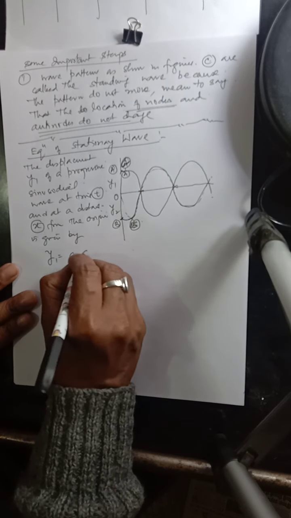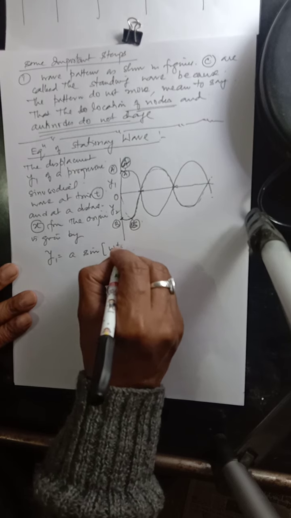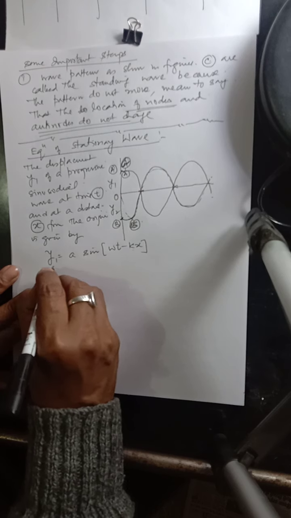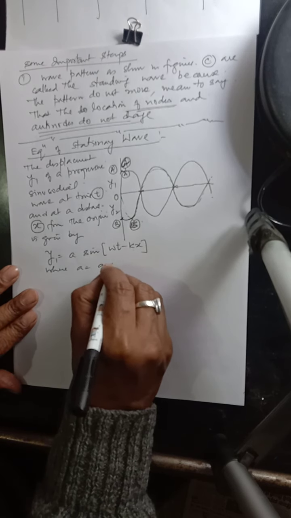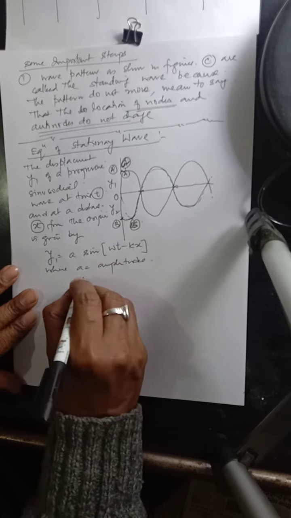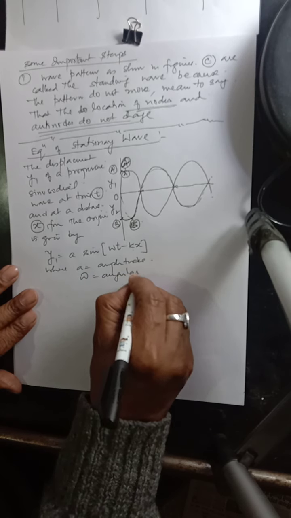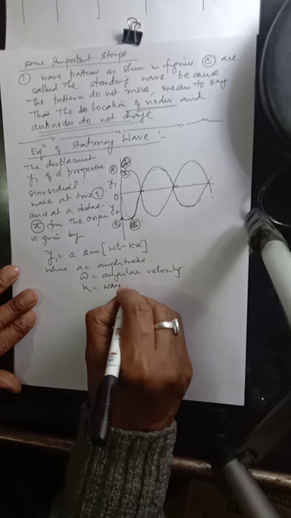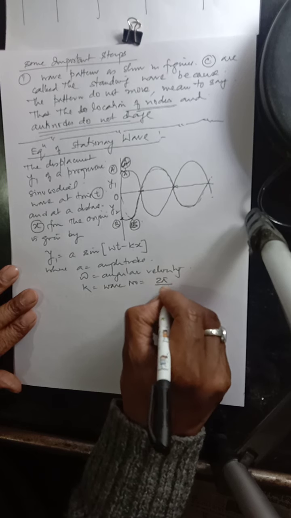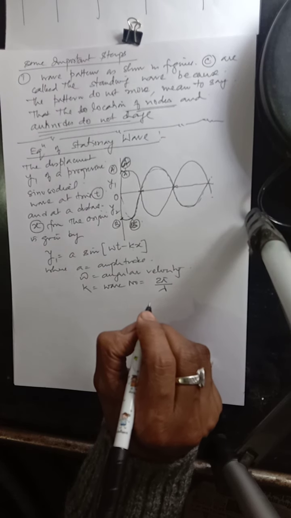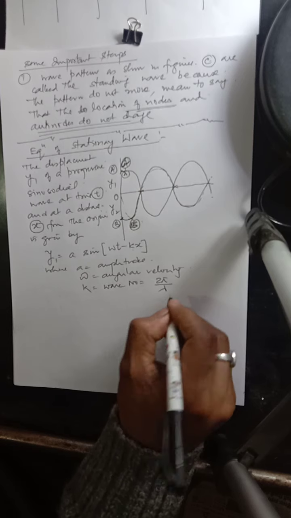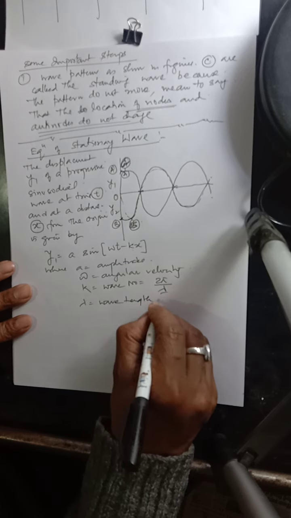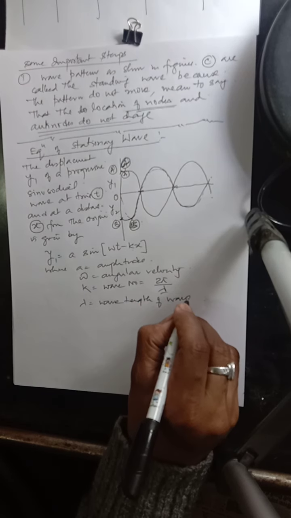That is y1 equals a sine of (omega t minus kx). This is the standard equation where a is the amplitude, omega is the angular velocity, k is the wave number which is 2 pi by lambda. So these are some standard values, and lambda is the wavelength of the wave.